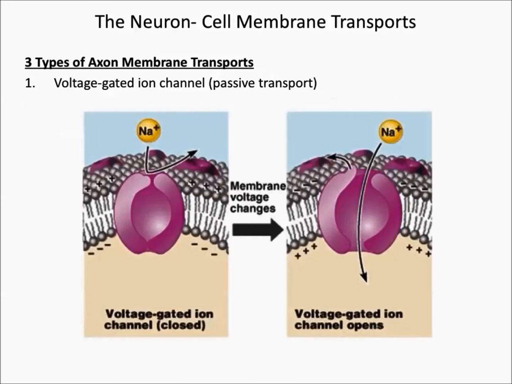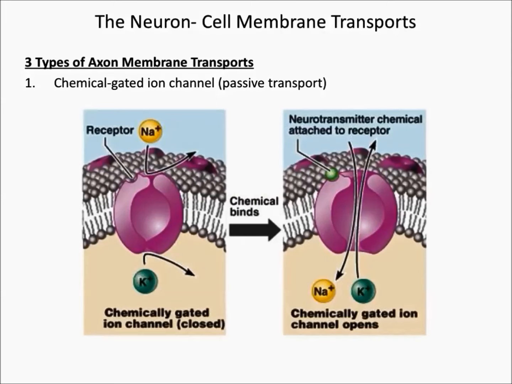A voltage-gated channel only opens in response to the presence of a voltage, or an action potential. When an action potential arrives down the cell membrane, this channel opens, allowing substances or materials to pass right through it by the process of diffusion or osmosis. A chemical gated ion channel opens in response to the presence of a chemical, in this case a neurotransmitter.